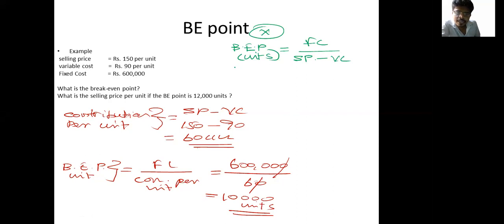Break-even point units has been given as 12,000, fixed cost has also been given as 600,000, but we don't know the selling price. Variable cost per unit has also been given as 9.